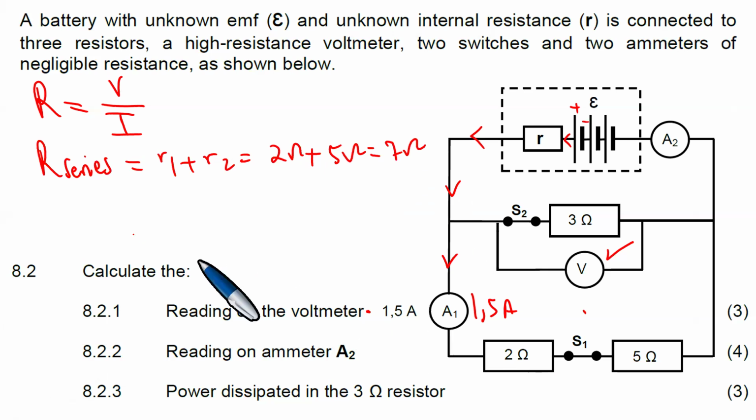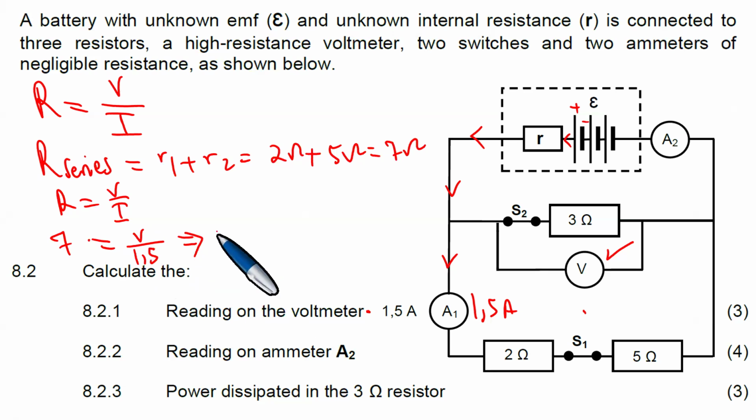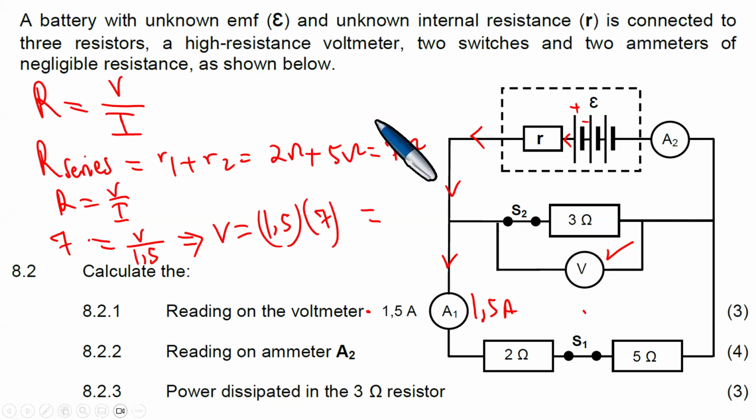And if this is the case, you're going to use this formula. If R is V on I, what is R? It is 7, V over 1.5. This is one way. So V is going to be 1.5 times 7. And then we need to get the answer out of this.